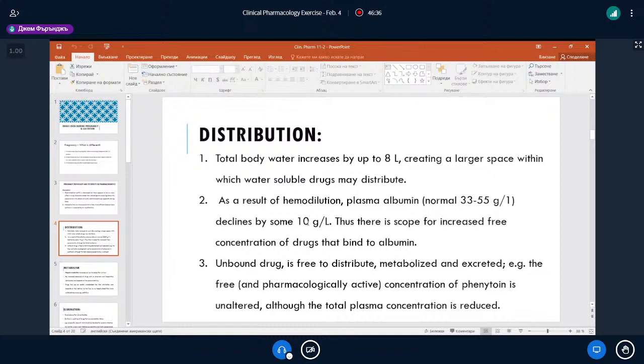Actually, the amount of hemoglobin increases, but because the amount of water increases by even more, we have a relative decline in the concentration of, let's say, from 120 to 140 to around 100 milligrams per deciliter, or 10 grams per liter. So it depends which units you use.